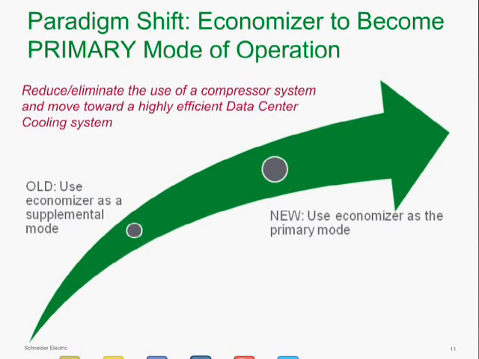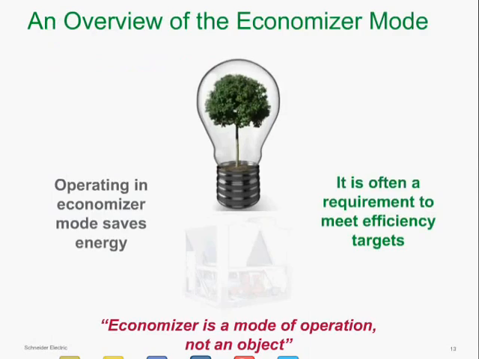So let's talk about economizers and what some of these different modes of operation are. When we look at an economizer, I want to make sure you understand that this is not a thing, it's not an object, it's really a mode of operation. It's a way for the cooling system to save energy by using less power.